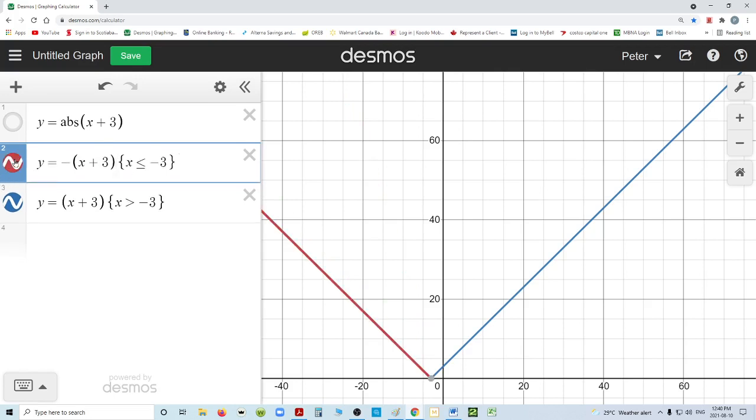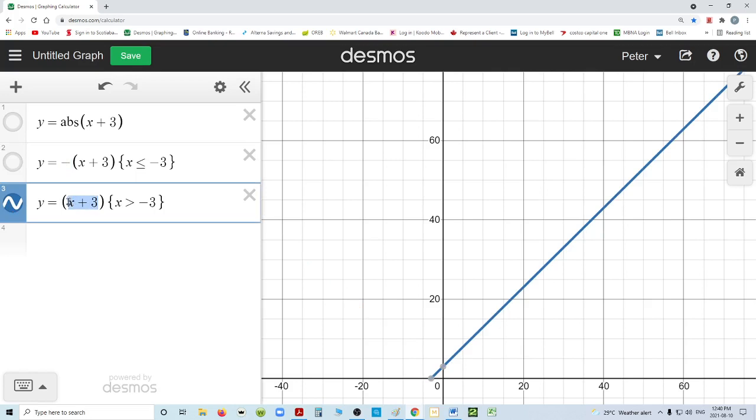So there's the red line. It's shifted to the left, and this negative makes it a downward line. And this blue line is just a normal line shifted to the left by 3. And when I connect them, I get the same thing as this absolute value graph up above.